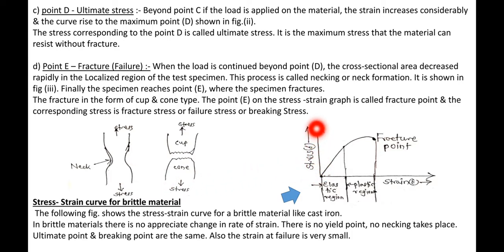Again stress is considered along the y-axis and strain along the x-axis. For brittle material the graph is not elongated so much. This is the original point and this is the fracture point, because it is a brittle material. Carbon percentage is more in such materials, and therefore ductility is considerably less and brittleness is more.